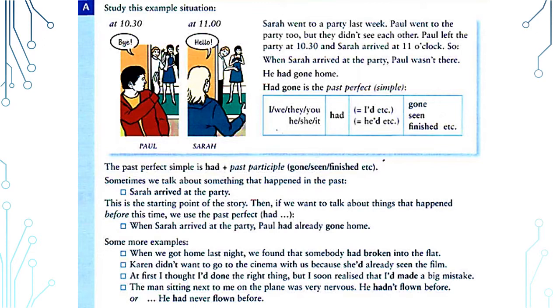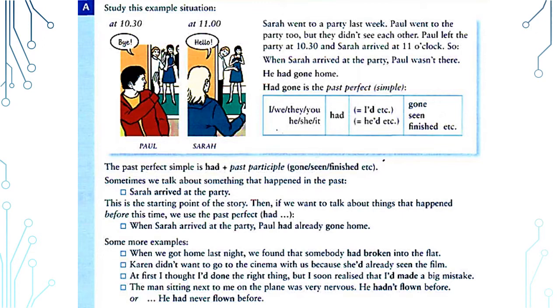Some more examples. When we got home last night, we found that somebody had broken into the flat. Katie didn't want to go to the cinema with us because she had already seen the film.